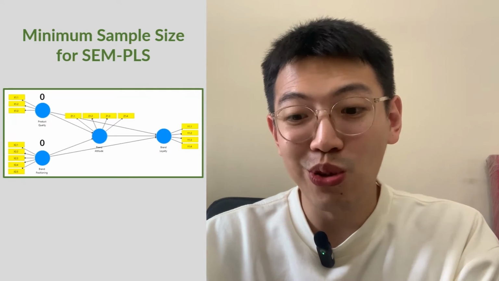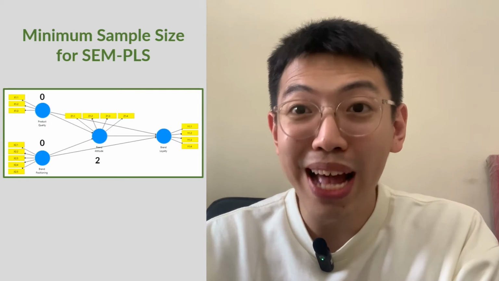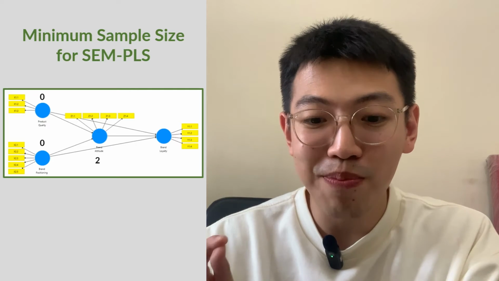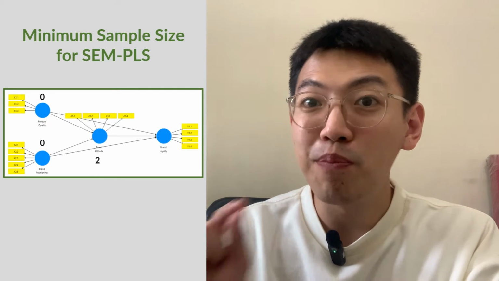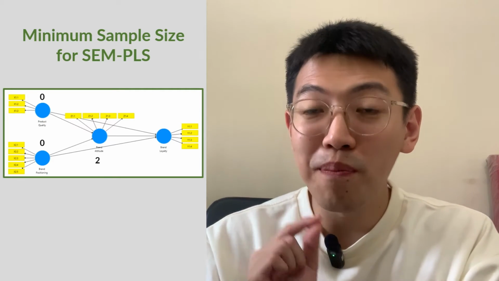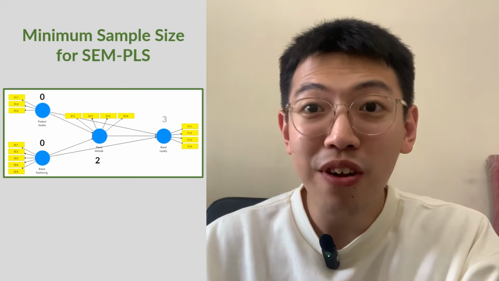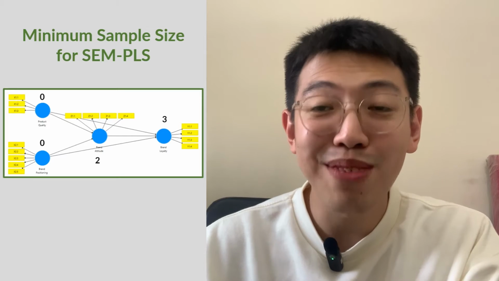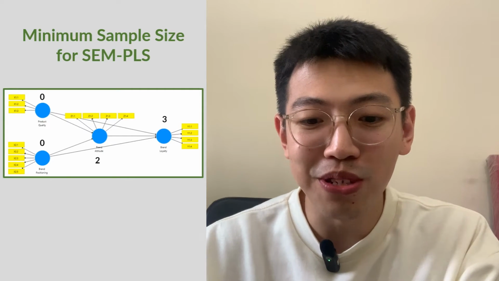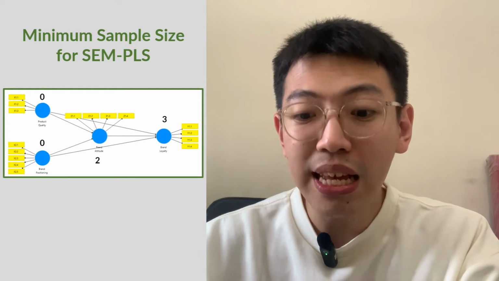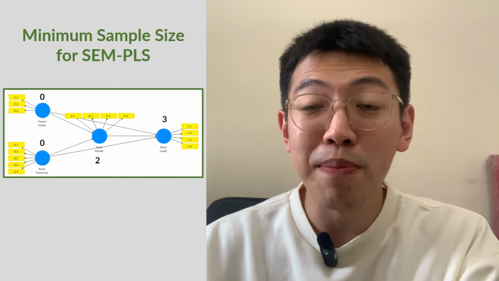For brand attitude, there are 2 arrowheads pointing at this variable, from product quality and also from brand positioning. While for brand loyalty, as a dependent variable, there are 3 arrowheads pointing at this variable. They come from product quality, brand attitude, and also brand positioning.